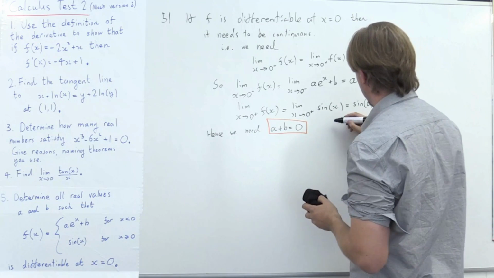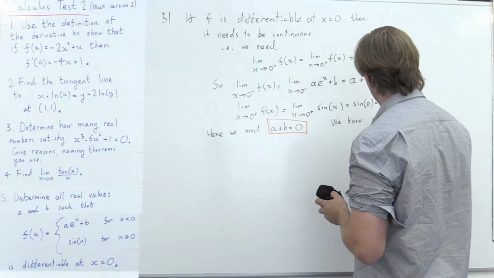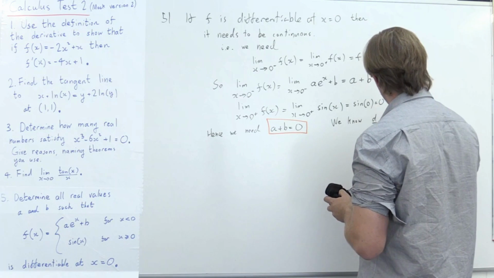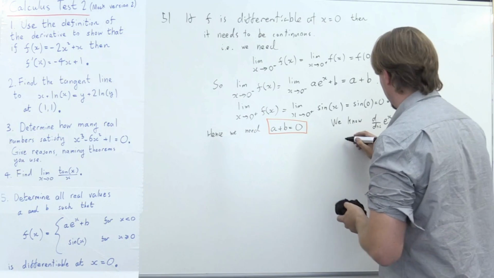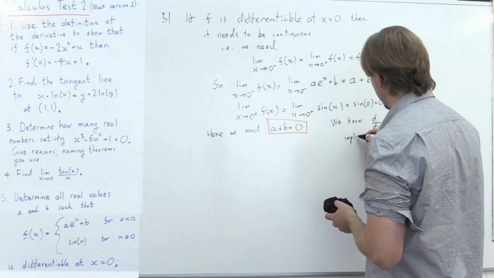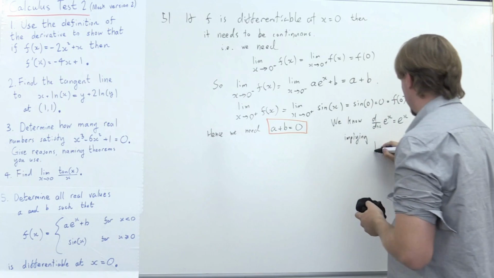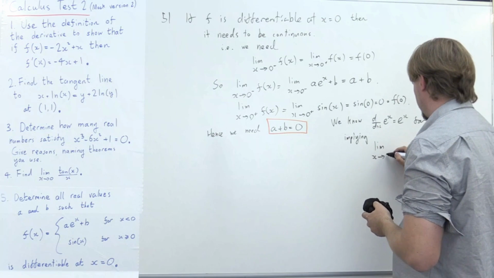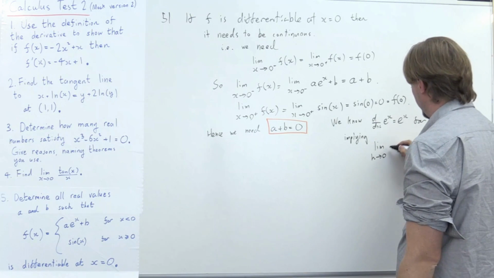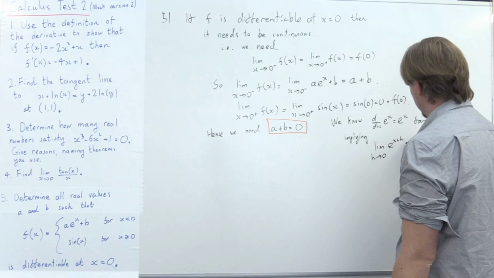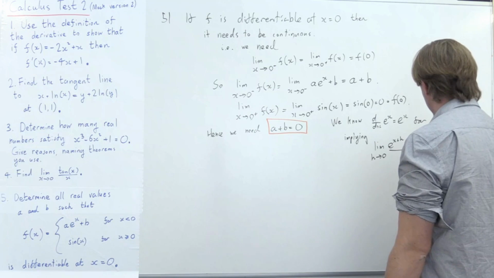I'm just going to take this as something we know: d dx of e to the x equals e to the x for all x. And that implies that the limit as h goes to 0 of e to the x plus h minus e to the x over h is just e to the x.